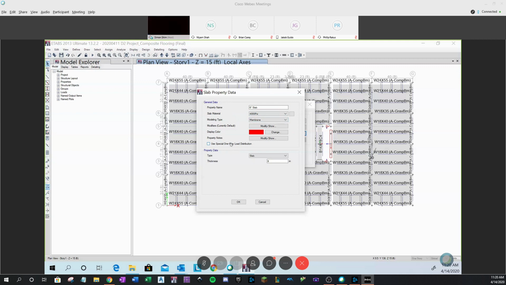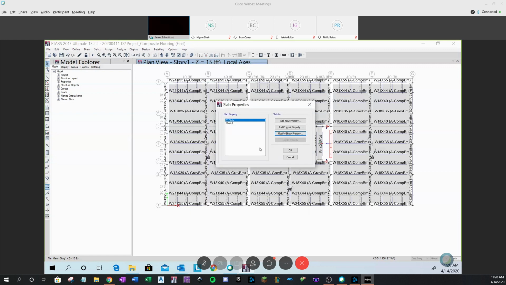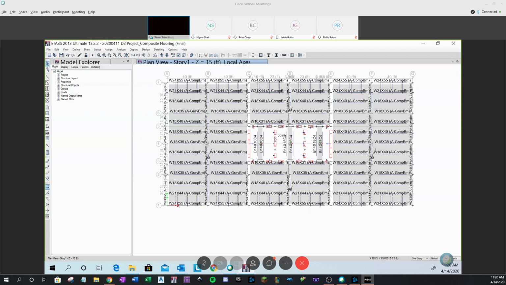Maybe I could find an example of how you could visually see it by using a small model. But for these cases, we do not count on the slab's bending stiffness for the lateral system. So we're going to use just the 6 inch slab with membrane, and also use a one-way load distribution, so we could design the slab as needed.